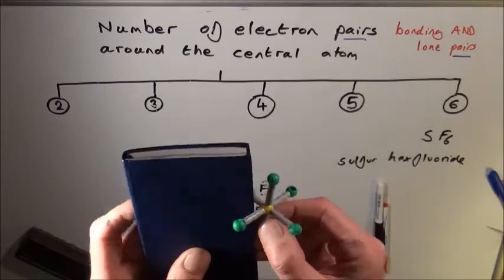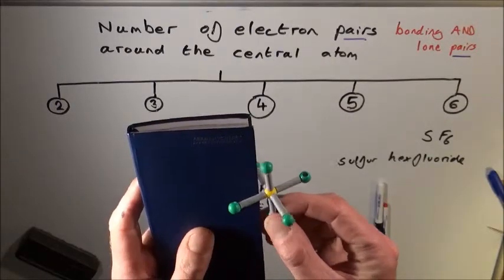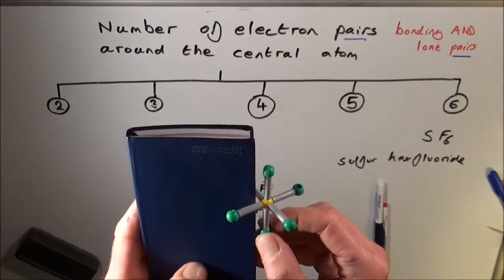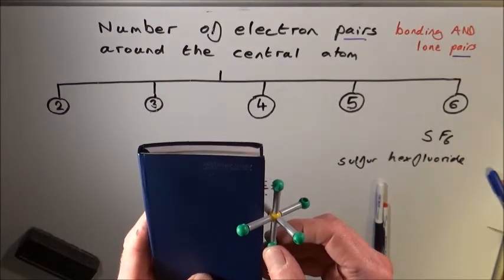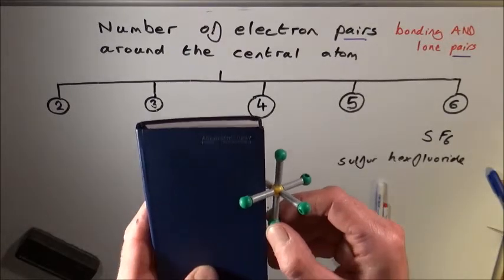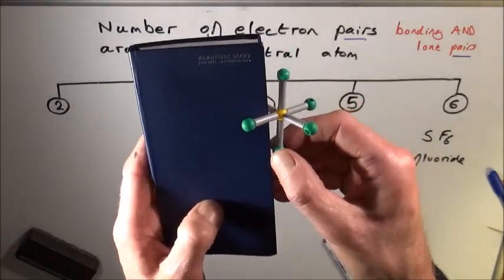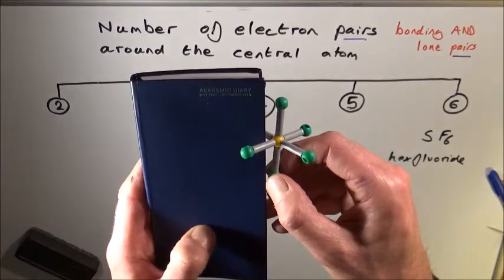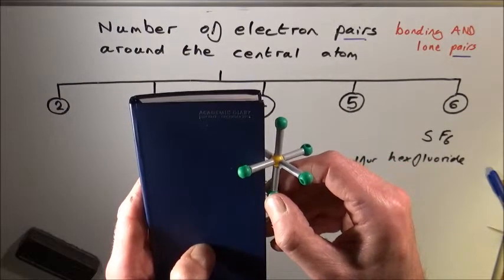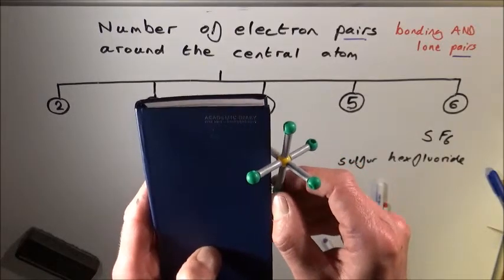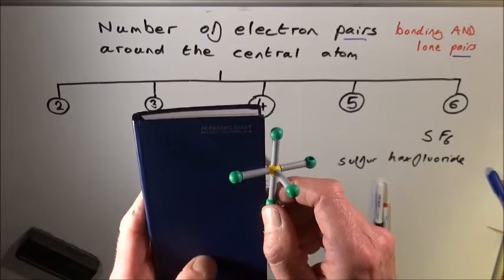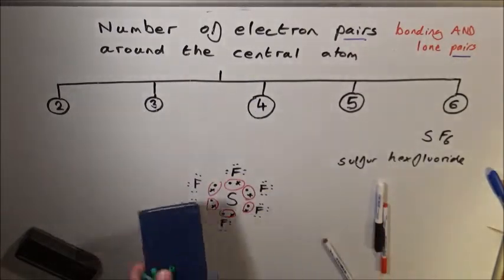So the fluorine that I'm holding with my thumb and finger there, and then the sulfur and the fluorine opposite it, they are in the plane of the paper. Then the two fluorines coming up towards the camera are going to be wedge bonds coming towards you, and then the other 2 going underneath the diary are going to be shown by dotted lines. So let me show you how to draw that.